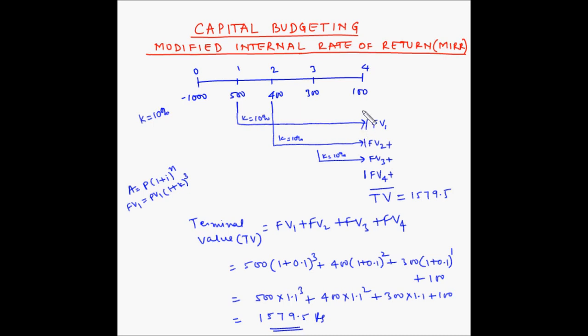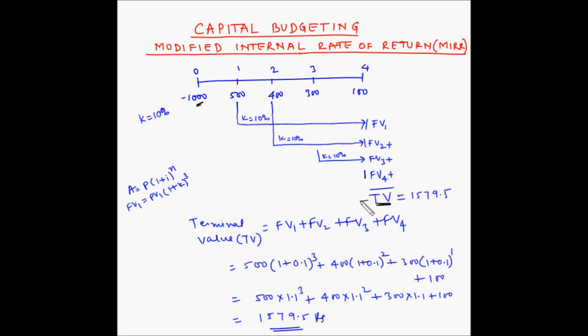So this terminal value is at the end of the tenure of the project. Now we need to find the rate of return, or the rate at which the present value of this terminal value is equal to the project cost, which is this.